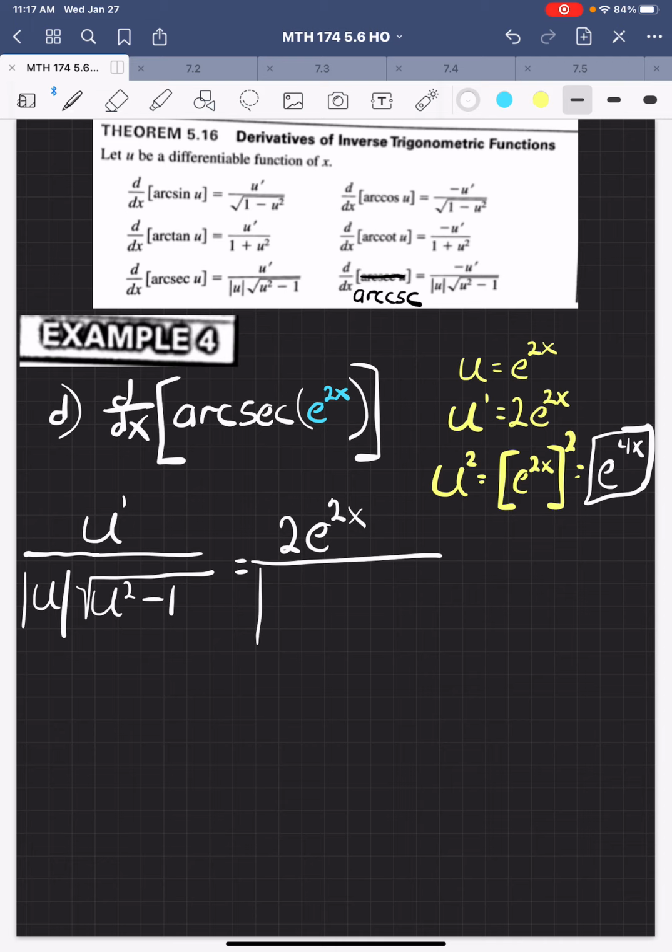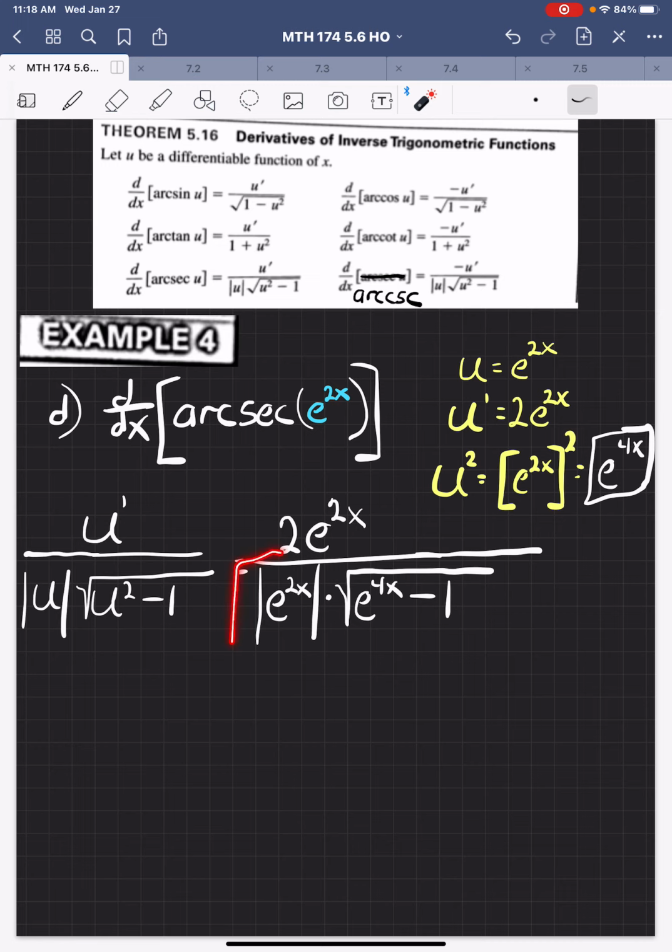So in this case, the absolute value of e to the 2x multiplied by the square root of u squared, which we have determined to be e to the 4x, and minus 1. Okay.